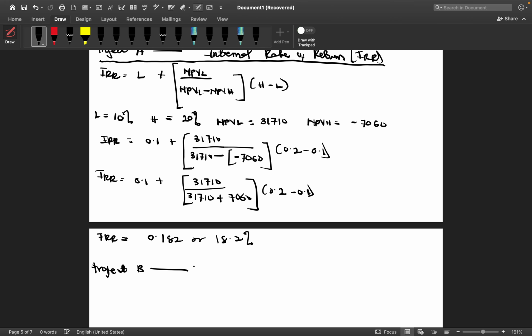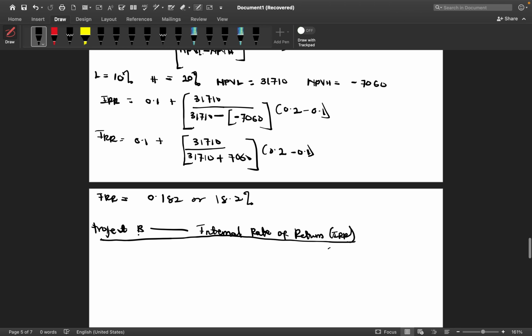So project B, internal rate of return. The same format.